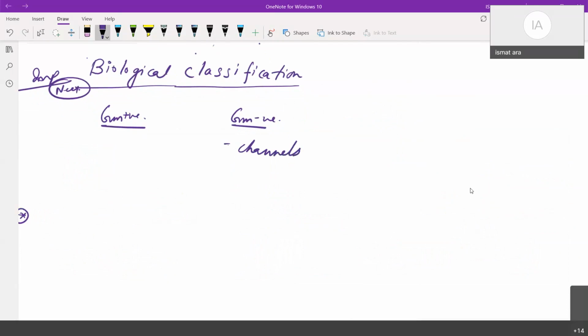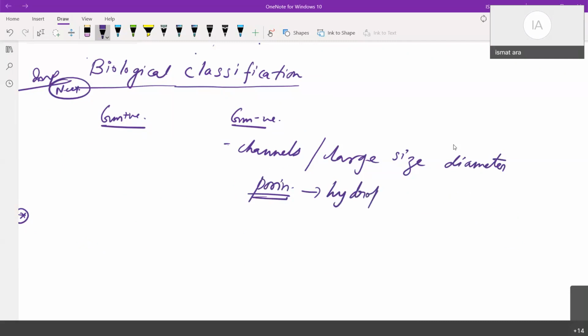These channel proteins have a large diameter, and they are called porins. Okay, they are hydrophilic in nature, students. Hydro means water, philic means love, so they love water. They are low molecular weight proteins.